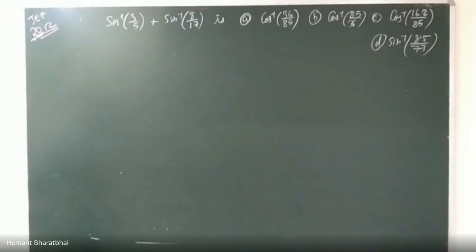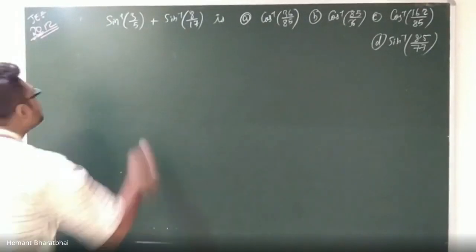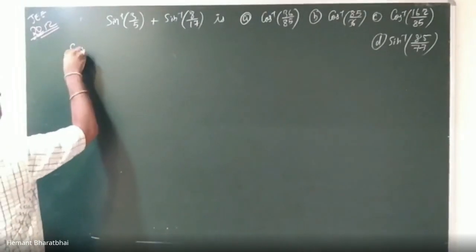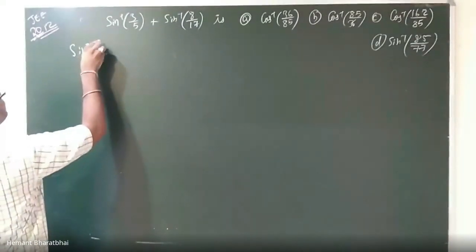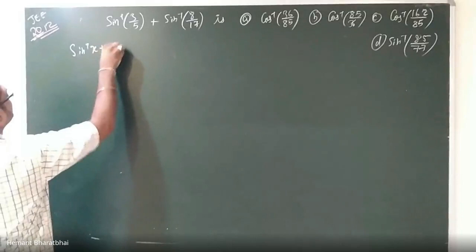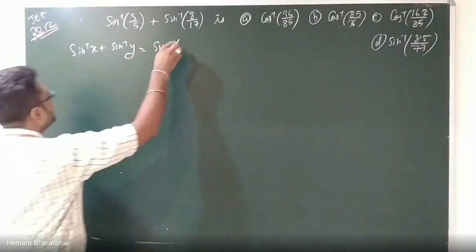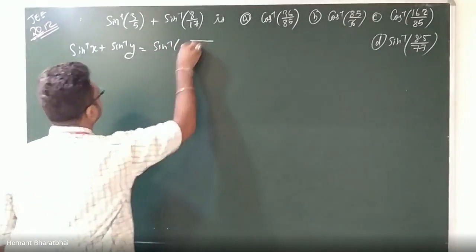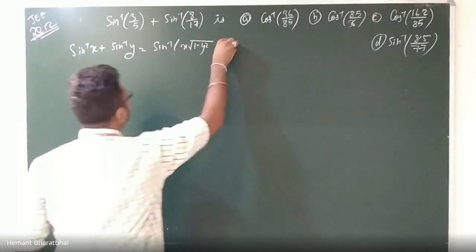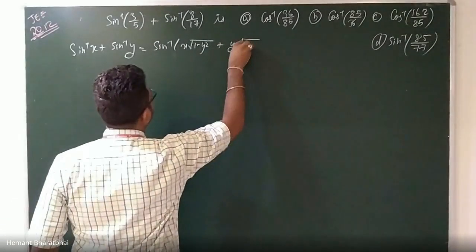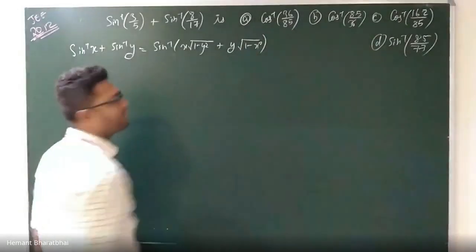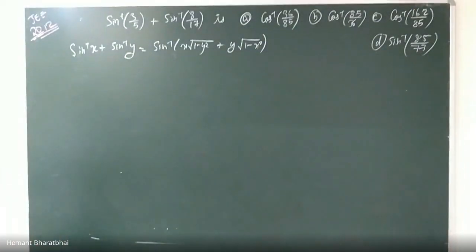Sine inverse of x plus sine inverse of y is sine inverse of x into under root of 1 minus y square plus y into under root of 1 minus x square. So apply this formula, solve it and tell me the answer.